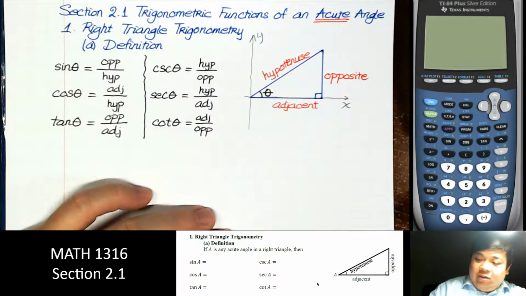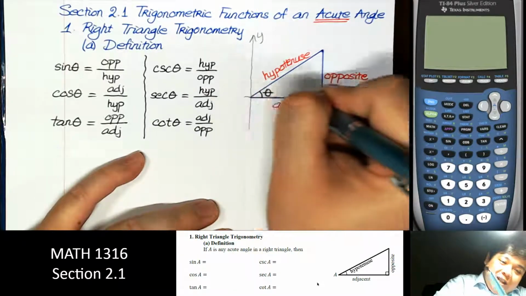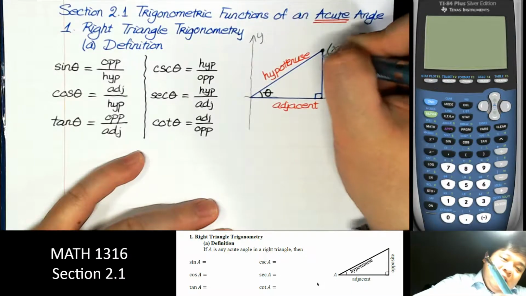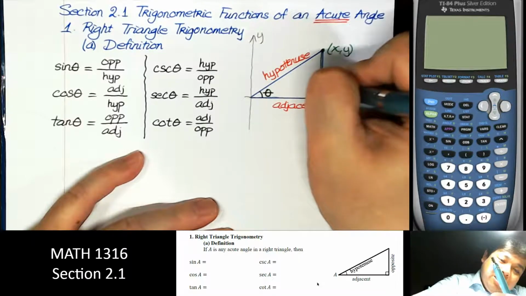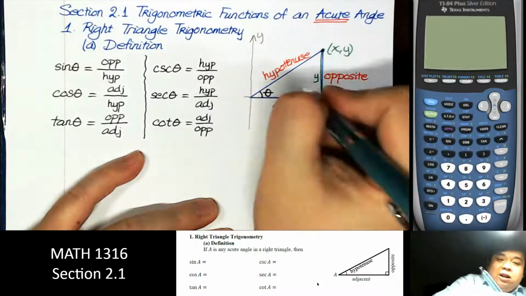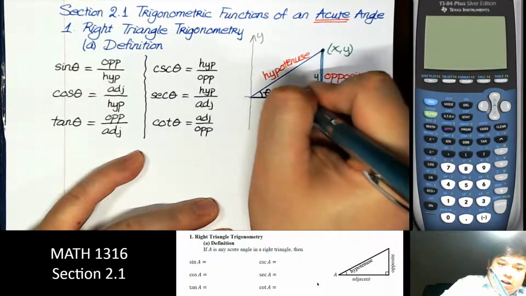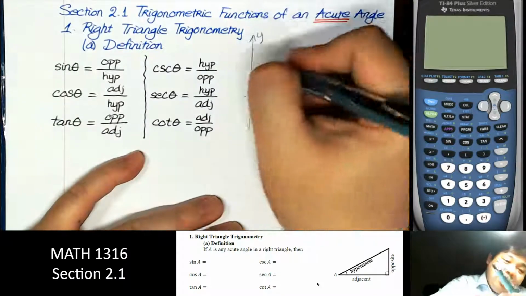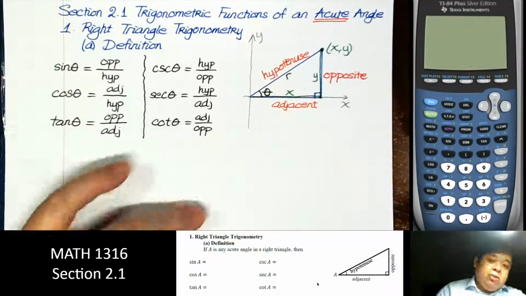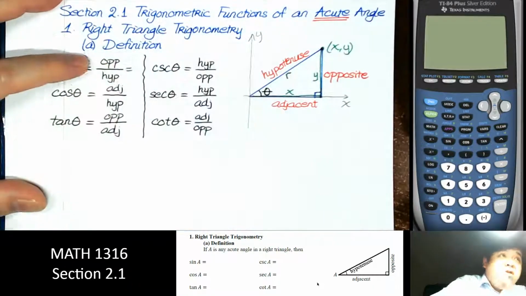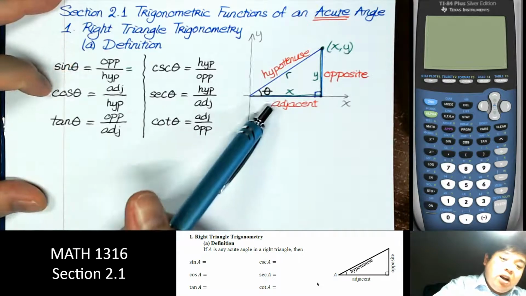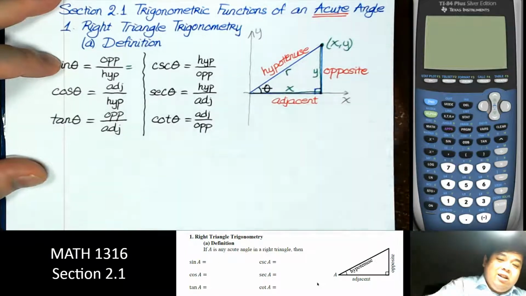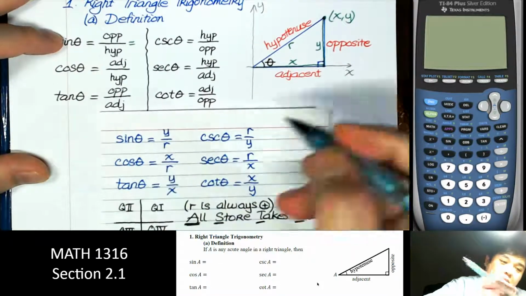So actually what we have is, this is the x value and the y value for that point, y on the y-axis, x on the x-axis, and the hypotenuse is r. And then that will be consistent with the definition we had earlier. Sine is y over r, right? Sine is y over r.